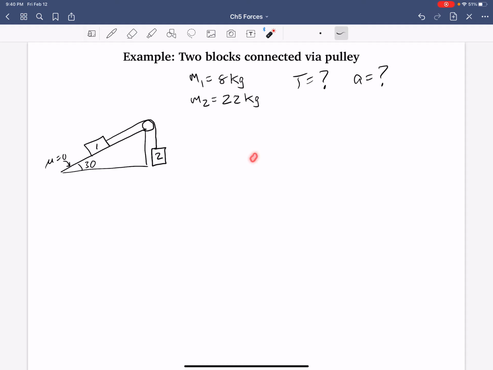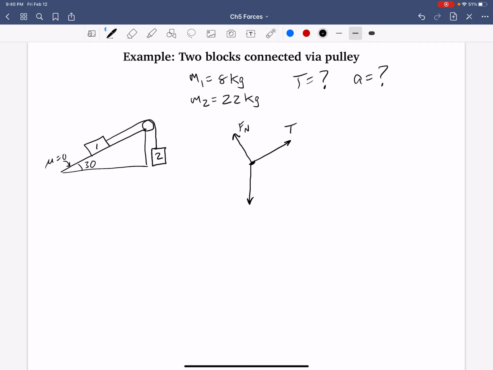Here's our block 1, and let's do 1 first. So we have a tension up the incline. I'll draw that as T. We have the normal force perpendicular to that, and then we have gravity down.